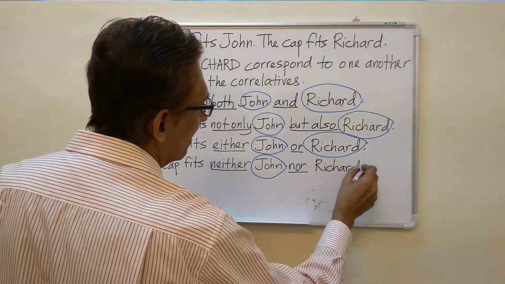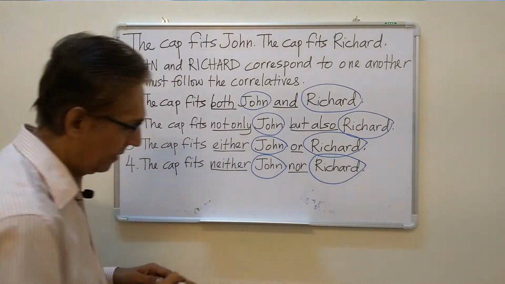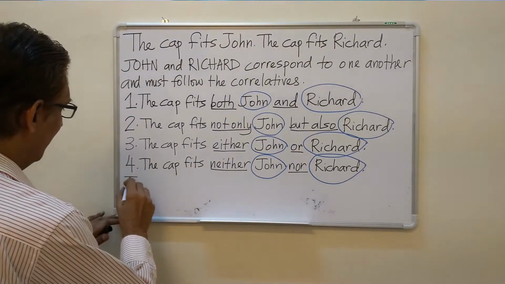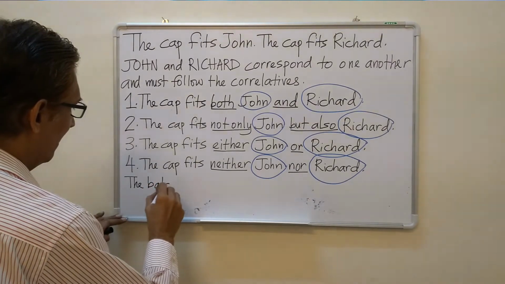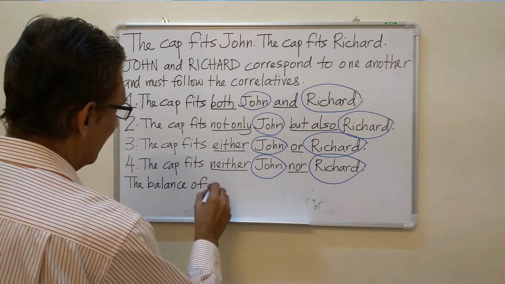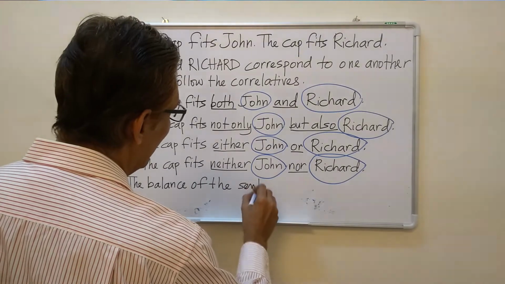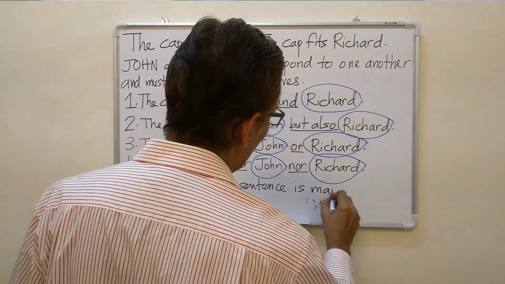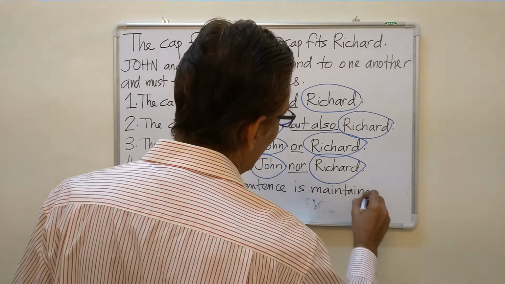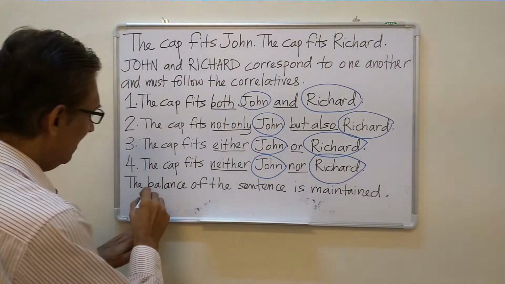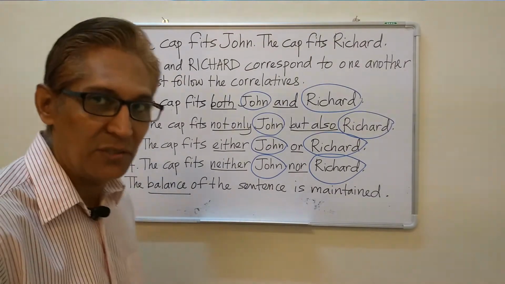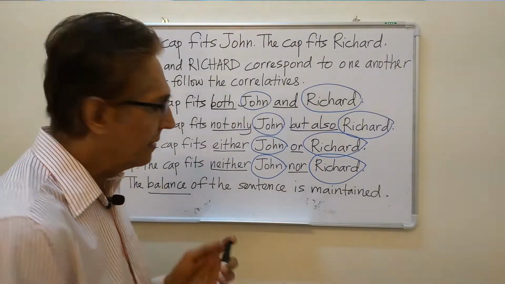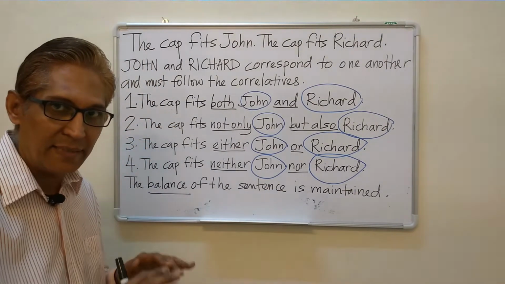Therefore, the balance of the sentence is maintained. That is the whole idea of correlative conjunctions. When we use correlative conjunctions, we have to bear in mind that we have to balance the sentence.